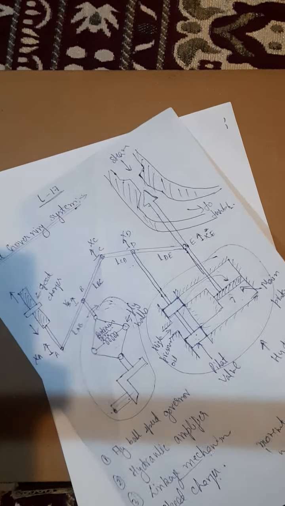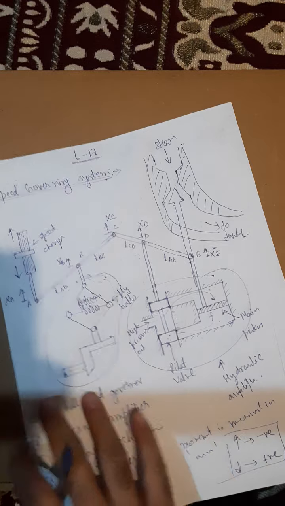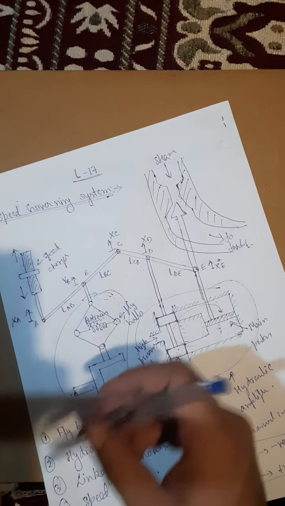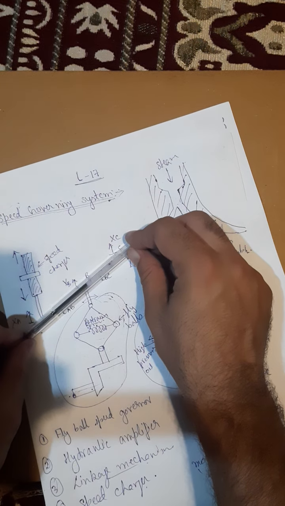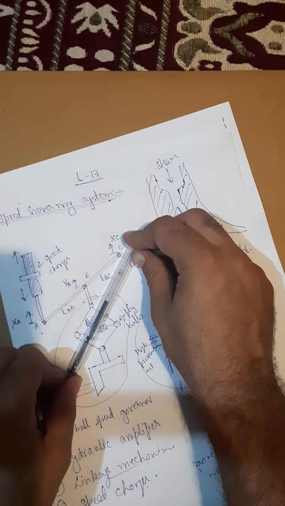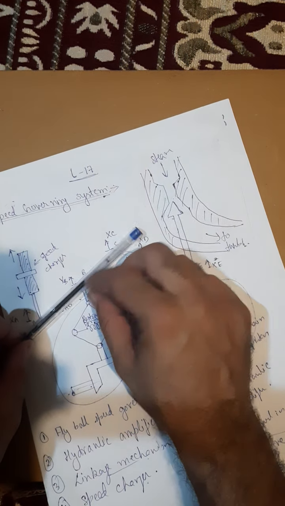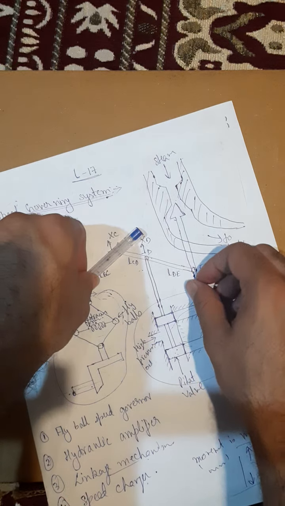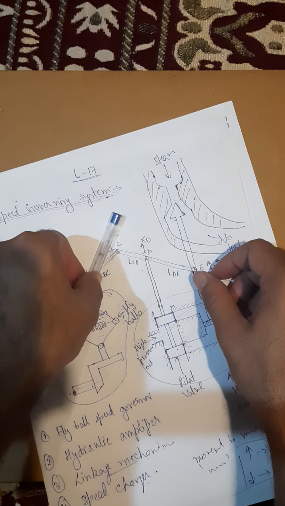If A is moved downwards, it will go like this. B is fixed. Right now B is fixed. I am moving A downwards, so it will move like this.